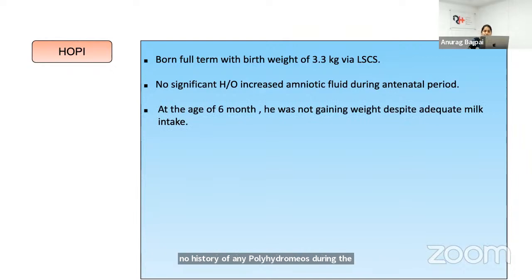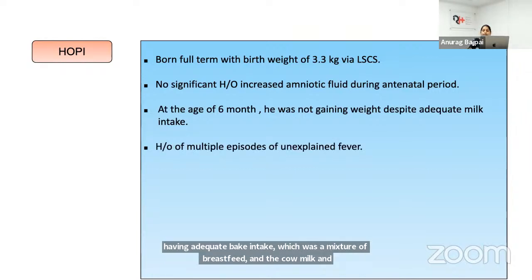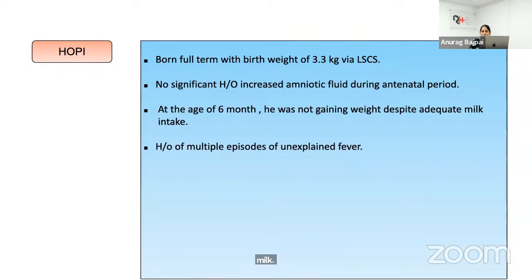And the mother stated that at the age of 6 months, she noticed that he was not gaining weight despite having adequate milk intake, which was a mixture of breastfeed and cow milk. And he had multiple episodes of unexplained fever for which she had to take him to multiple doctors, and even he was given ATT treatment also, but no one found out the diagnosis of the fever.